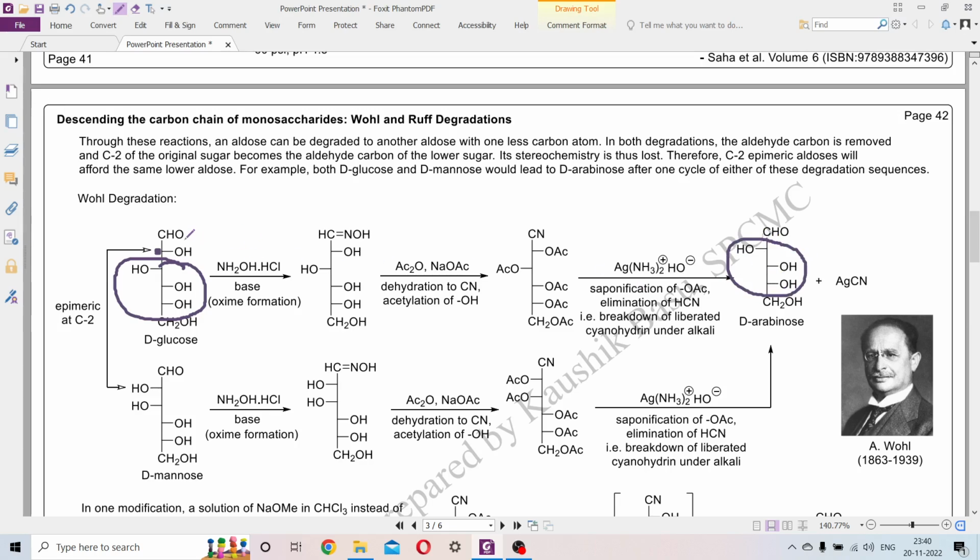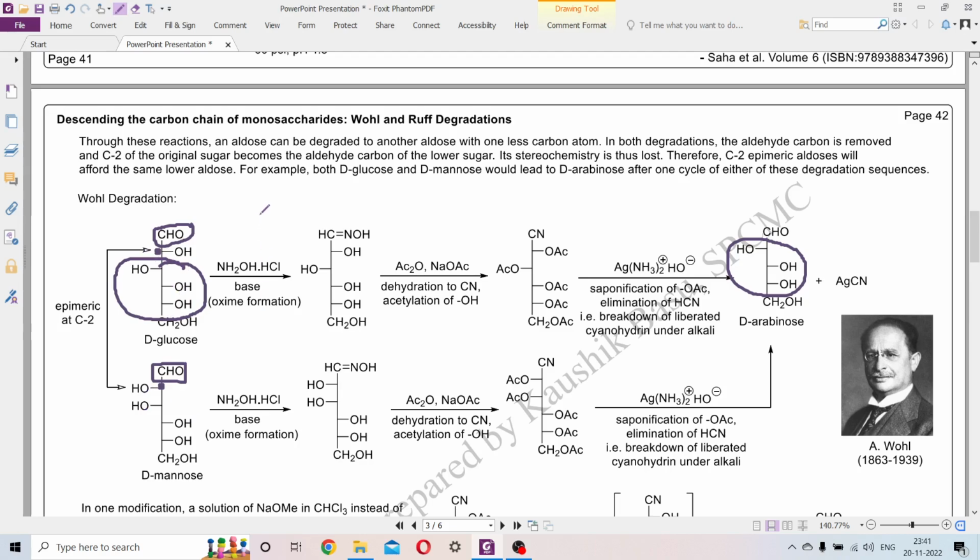Which also implies that you can start from C2 epimeric aldohexoses like glucose and mannose, knock out the CHO in both cases, convert the CHOH functionality at C2 into CHO in both cases, and then you will end up with the same aldopentose, which has the same configuration at its C2, C3 and C4 as that of the configurations of C3, C4 and C5 of our starting aldohexoses, be it D-glucose or D-mannose.